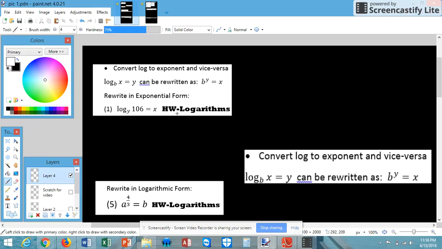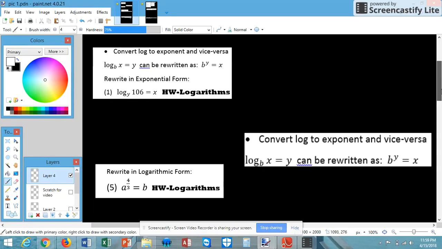So go ahead and turn to your homework logarithms, and we're going to do number 1 together. So we will rewrite this in the exponential form. Log base y of 106 equals x. So first we will identify what b, x, and y are. So b, in this case, equals y. X equals 106.